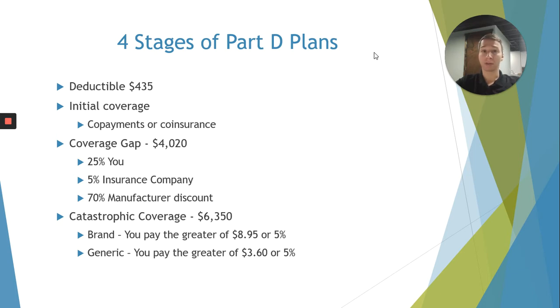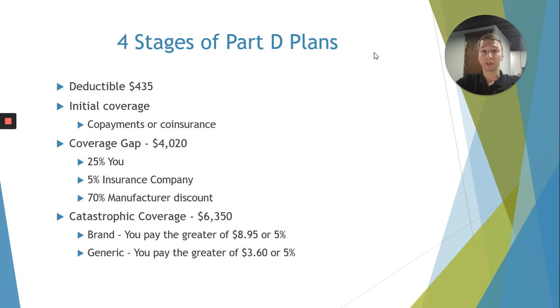Or they might have a smaller deductible than the maximum allowed amount for 2020, which is $435. After that deductible is met, you fall into the initial coverage stage. This is where your costs are outlined in the enrollment booklet, the summary of benefits, where it splits out your costs for the different tiers. This is where it's going to follow those accordingly.